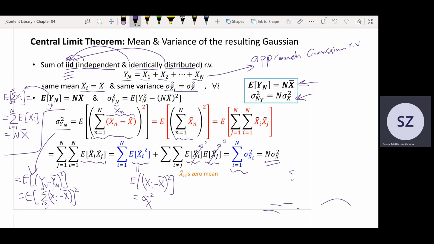So instead of having n minus 1 convolutions, the central limit theorem gives you that the distribution for yn is Gaussian, and here is the mean and the variance. Very powerful. Extremely powerful. Okay?